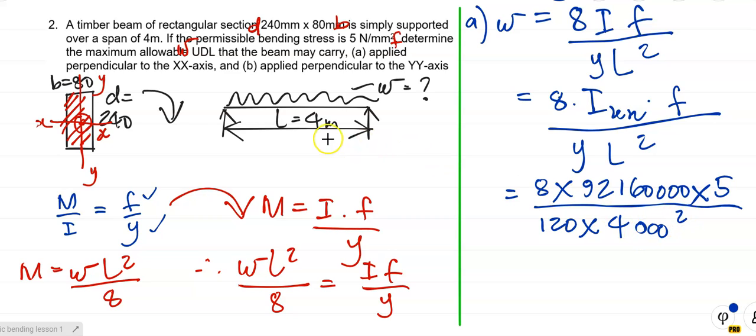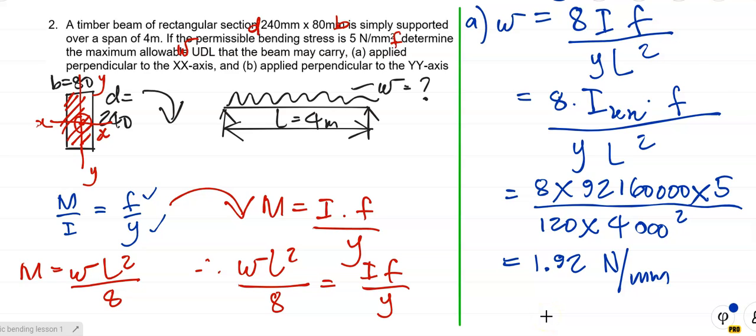If you write it as 4, it will be meters. All the others will be millimeters, and the answer will be wrong. You will get a massively big answer. Check my answer, you should get 1.92, and it's a UDL, so it's going to be newtons per millimeter. So the UDL for number A, given all these factors here, is equal to 1.92 newtons per millimeter.